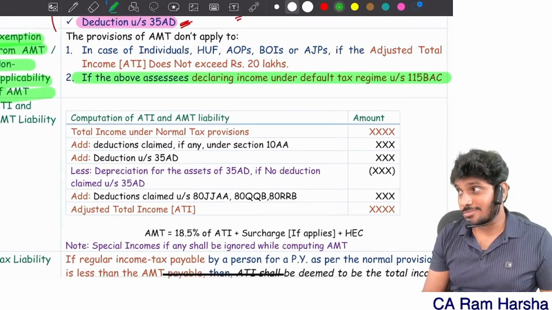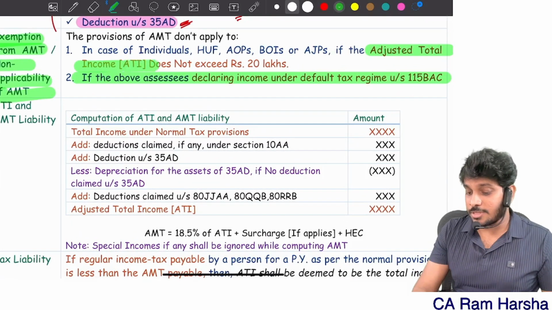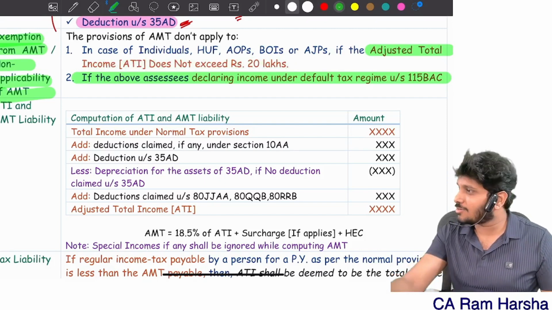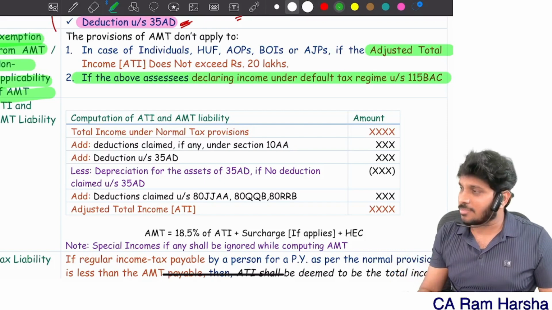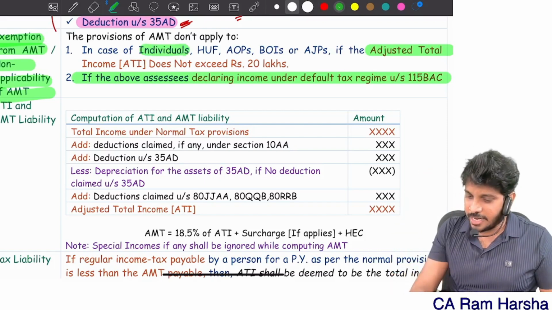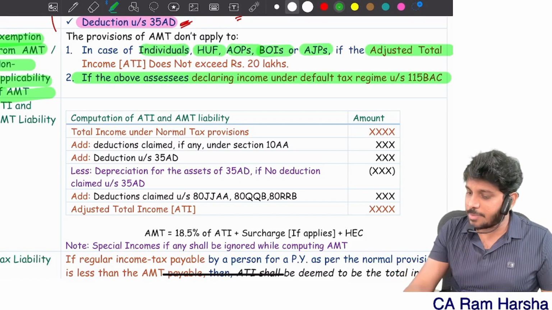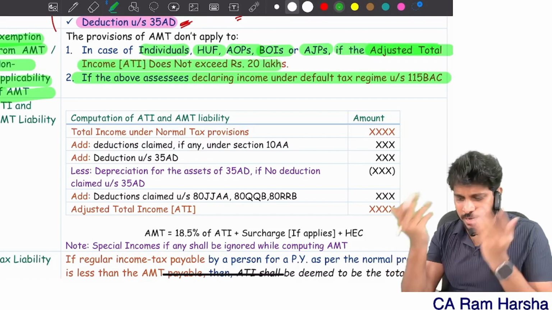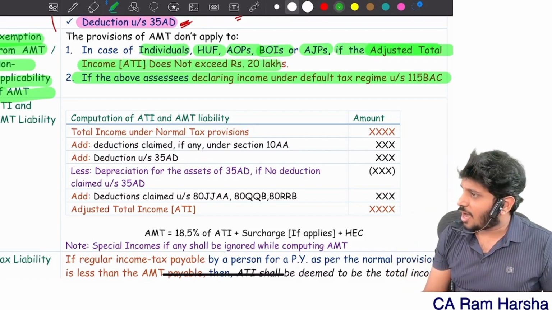There is one more case: the adjusted total income not exceeding 20 lakh. For an individual, HUF, AOP, BOI, AJP, if the adjusted total income does not exceed 20 lakh, then AMT will not apply. Are you getting it?